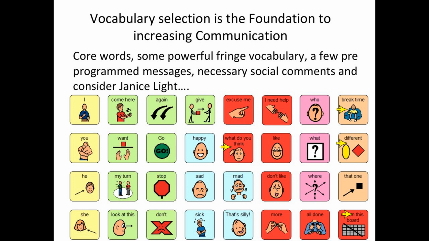So if you really think about all those things together, you can create a really strong language to start communication for your students. So a little bit of that front loading, a little bit of time spent thinking about what words are on the device are really going to help your students be very successful.